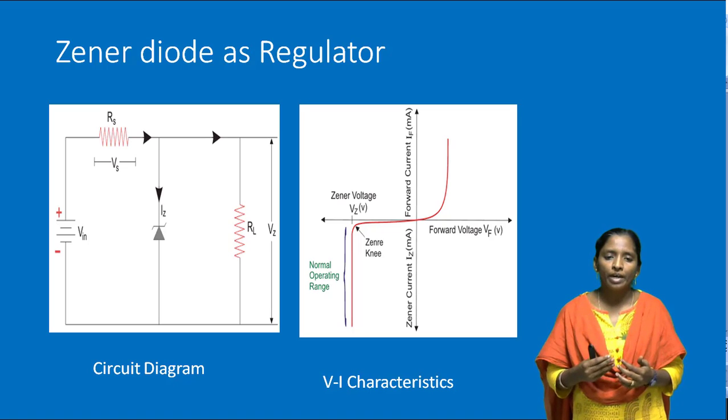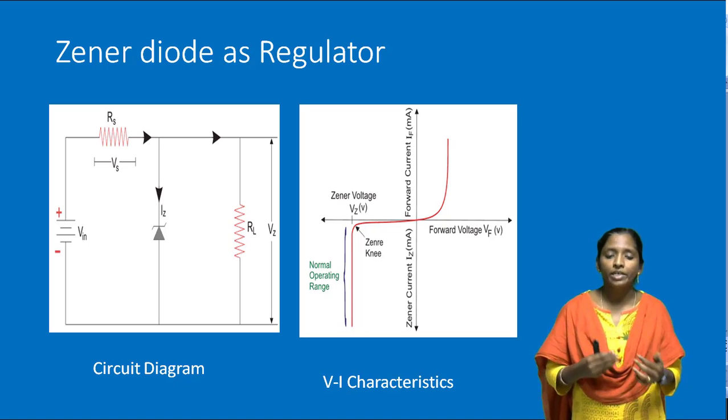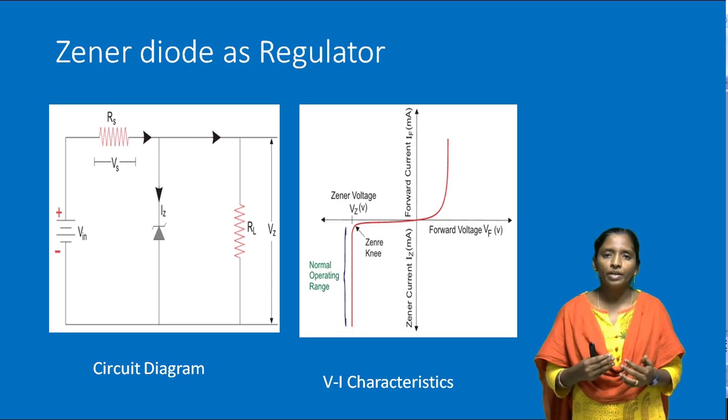Once the Zener diode reaches the Zener voltage, represented by Vz, which here is 6 volts, the device goes into the Zener breakdown region. At that time, the maximum reverse current flows into the device. That region is called the Zener region.